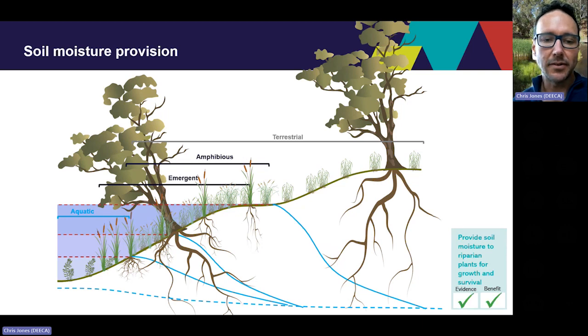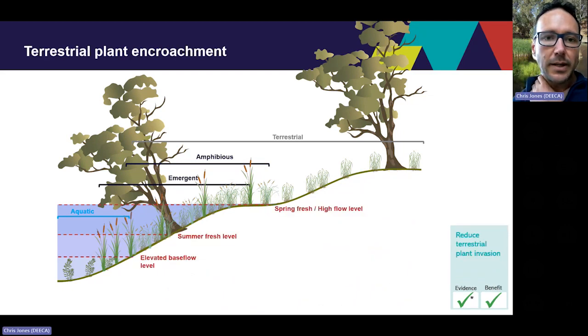But yes, there is evidence of benefits to the vegetation, and we've been able to quantify that as part of our research. Now, terrestrial plant encroachment is the one that we already knew was occurring, but we didn't know much about the detail. We didn't know specifically if there were differences between freshers at different times of the year and how long it took to impact plants.